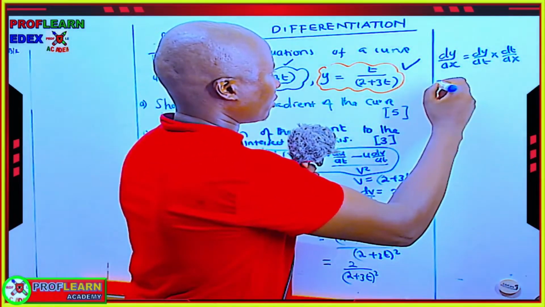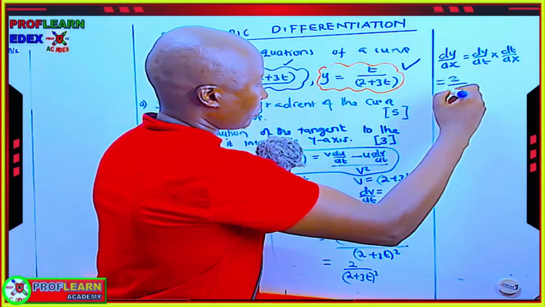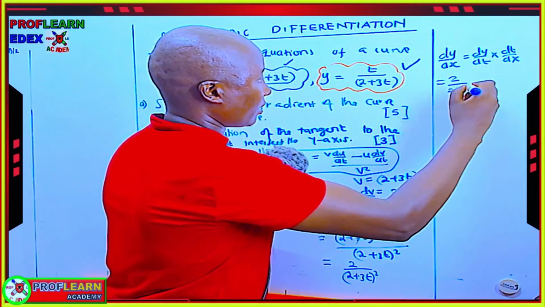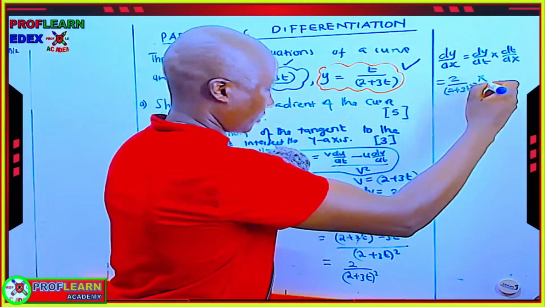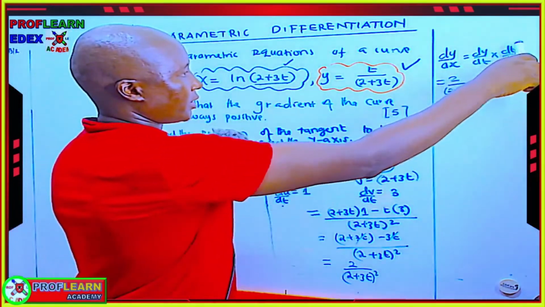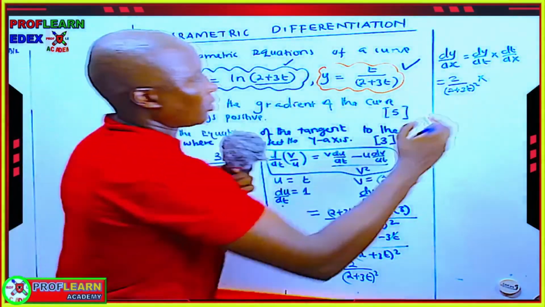So this is going to be dy/dt, which is 2 over 2 plus 3t squared, times this one here. We are going to find the reciprocal because this is dt/dx and this was dx/dt. So we have to find the reciprocal.